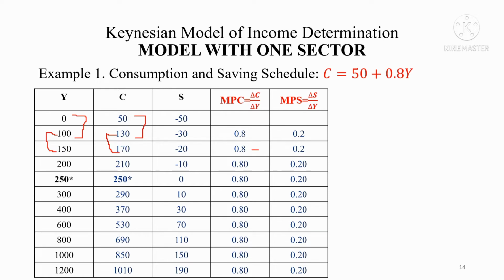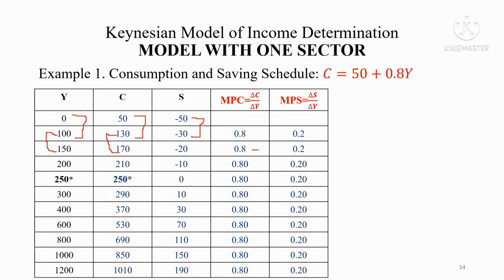So the same story kay MPS. So as income increases from 0 to 100, the saving also increases from negative 50 to negative 30. So the change in saving here is negative 30 minus negative 50.